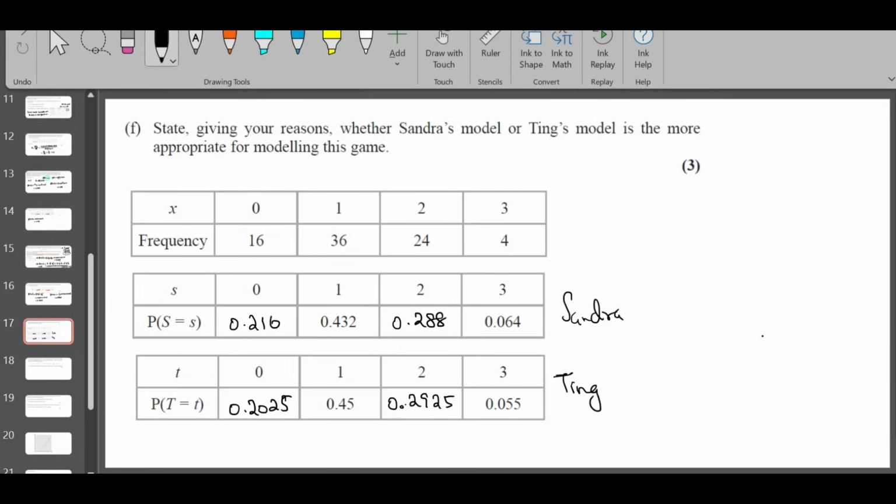So now we are going to find the probabilities corresponding to these values. There are a total of 80 children, so P of x is 16 over 80, 36 over 80, 24 over 80, 4 over 80.